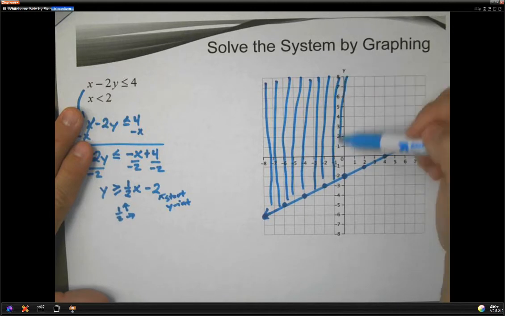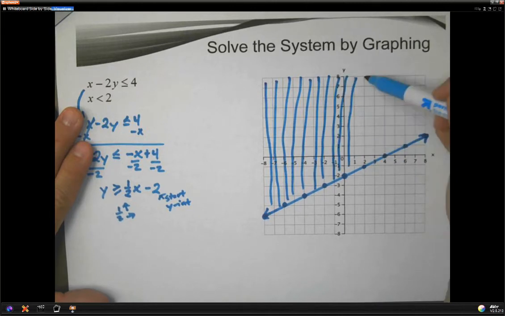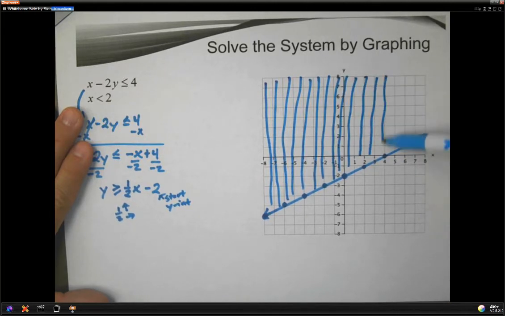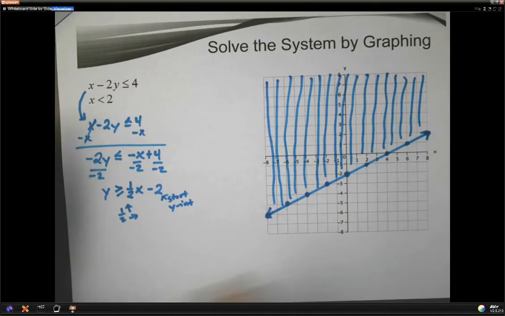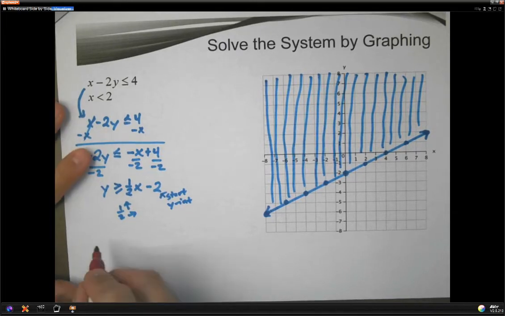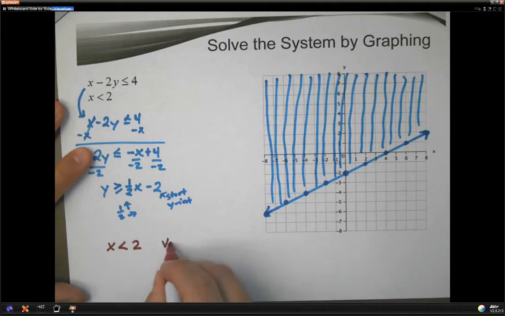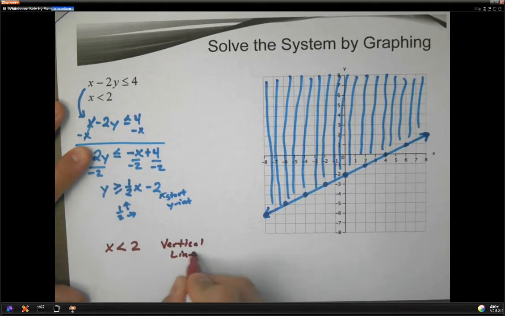So once we've got the first one graphed, every part of it correct, then we can go ahead and look at the second one. Now the second one is one of our special cases. When there's no y, like this x is less than 2, this is that special case of our vertical line.